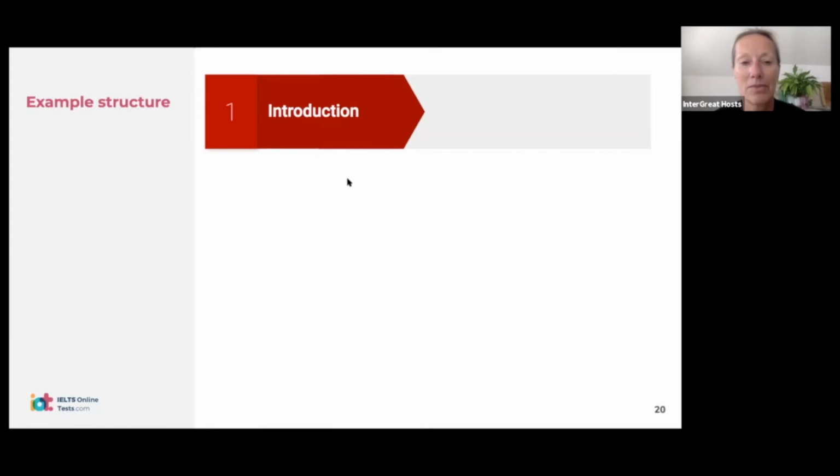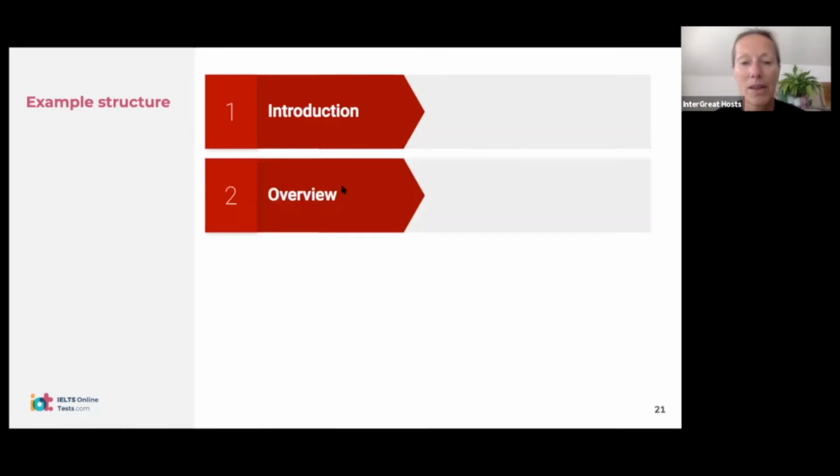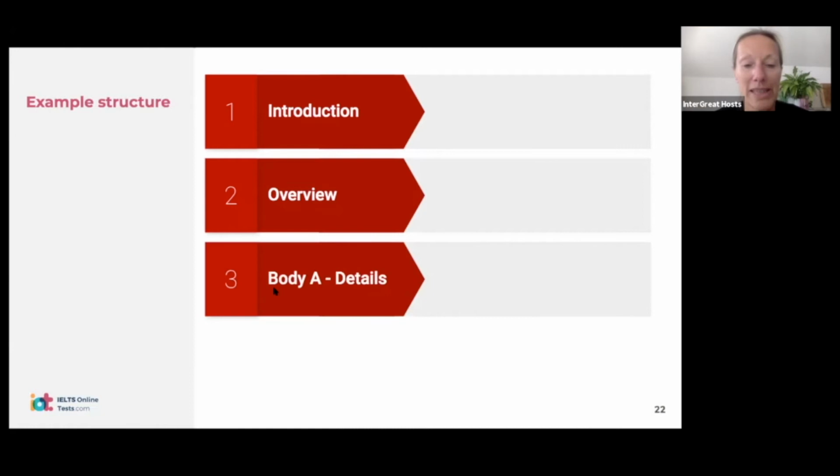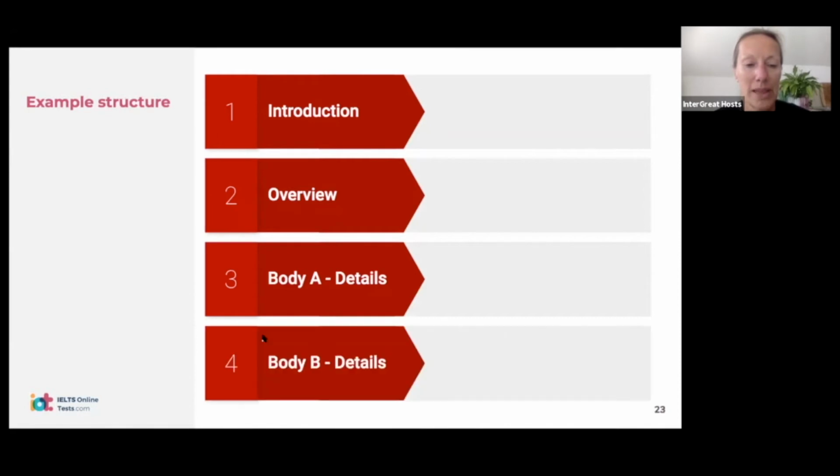So the introduction, we have an overview. What's the third part? Yeah, the body, exactly. So body A, details, and then body B, yeah.